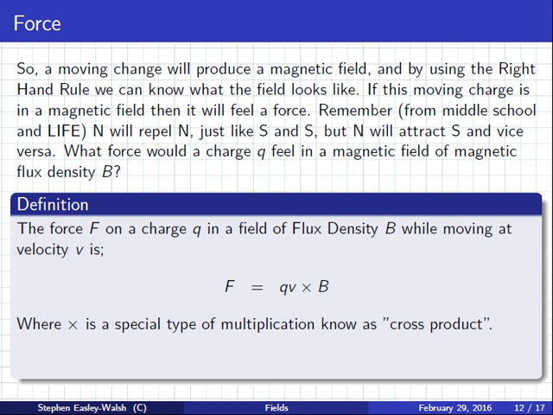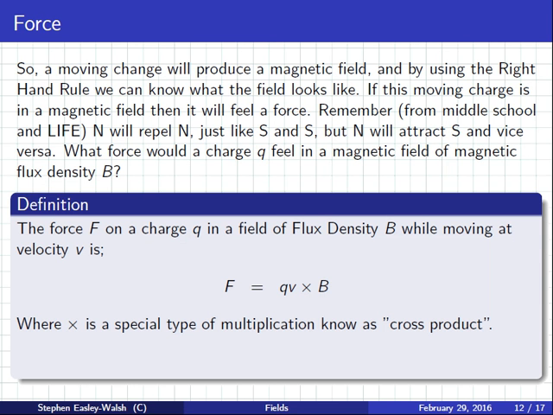Now I said that multiply is a special type of multiply because when you think about it, the V is velocity. Velocity is a vector. And the B is flux density, which is also a vector because it points in the direction of the field. But that's not important right now.